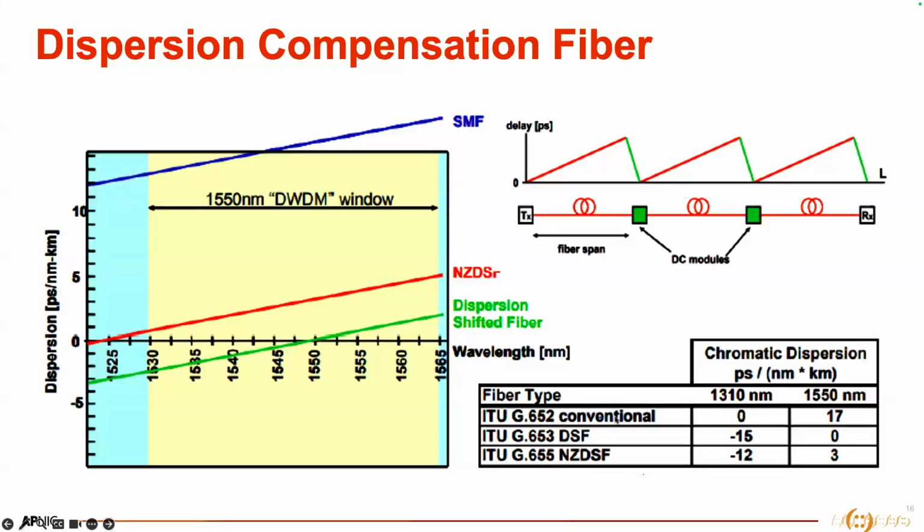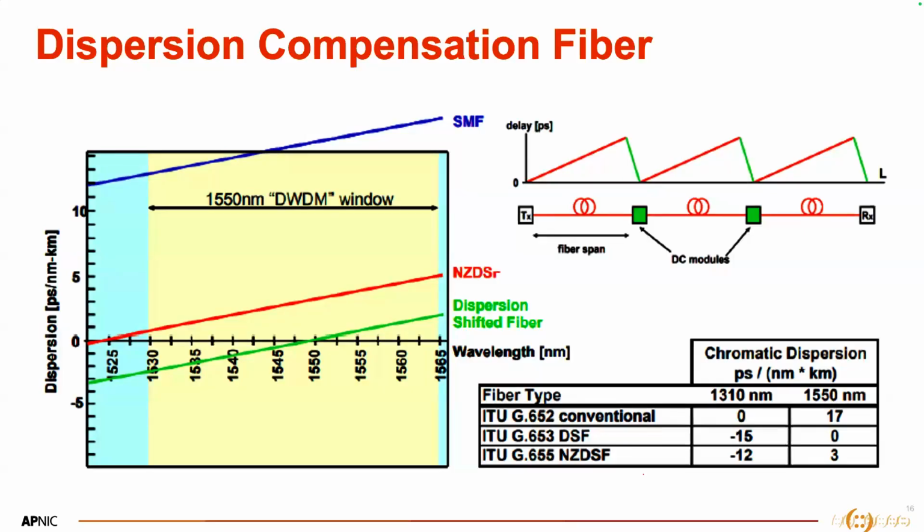As you can see, G.652 is the conventional one, which can carry DWDM signal. G.655 and G.653 are also usable fibers for DWDM. But G.652 is the most widely common among all the operators, based on the cost, the attenuation, and the universalness of its characteristics.